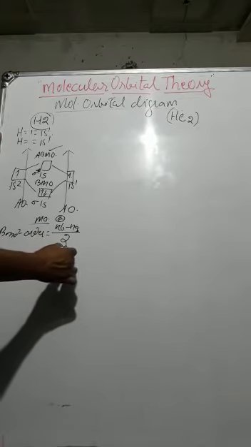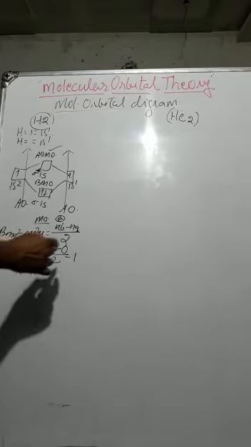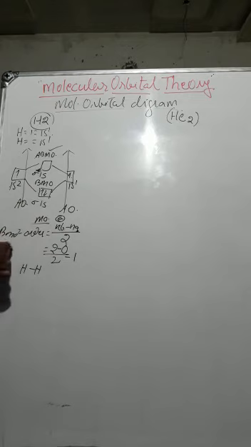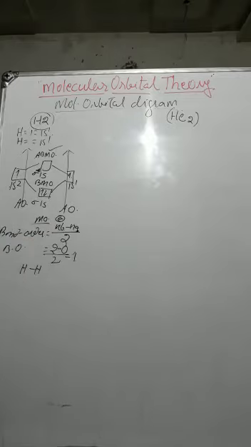So 2 minus 0 by 2 is equal to 1. That means between hydrogen and hydrogen there will be one bond. If the bond order is at least 1, then a stable molecule will form, otherwise there will be no stability, that is no existence. So the bond order is 1, therefore it is stable.